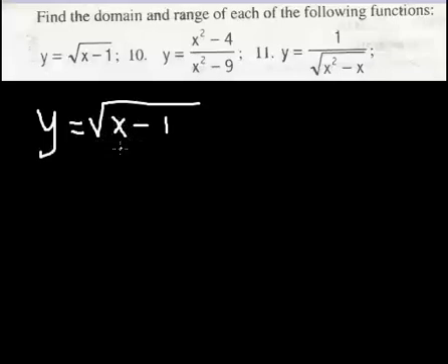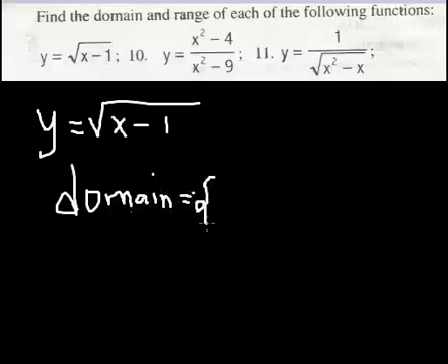So in this case, I will simply say that, okay, for this function to be defined, my domain lists out all the values of x, such that x belongs to, or is a member of, all real numbers, okay?